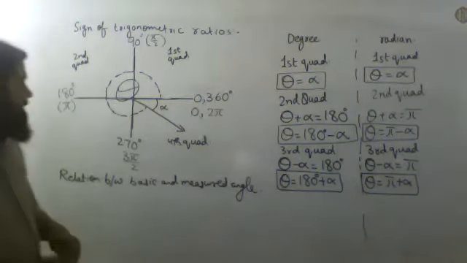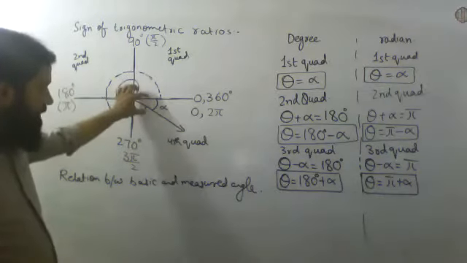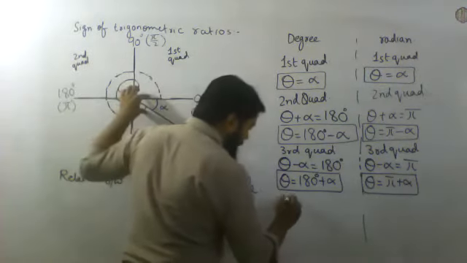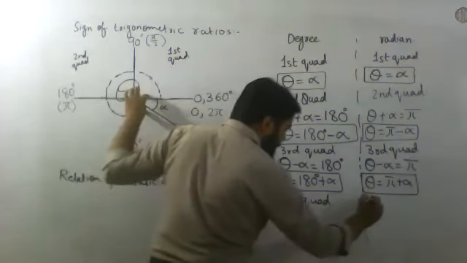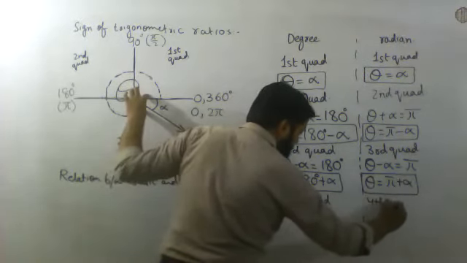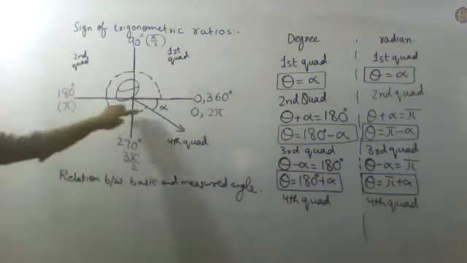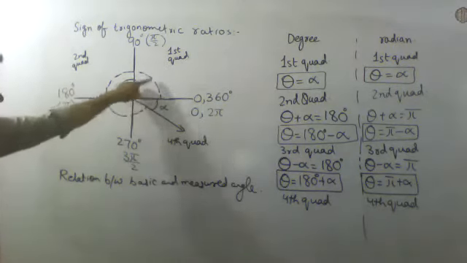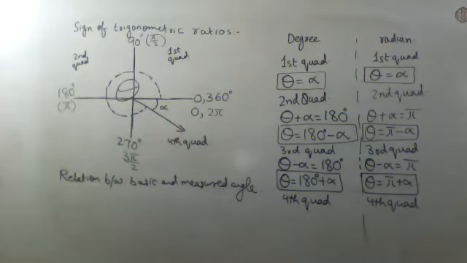Okay. Now you can see if I add this one and this one in the fourth quadrant, it will be equals to what? If I add this theta and this basic angle, it is coming equals to what? Can you see that?